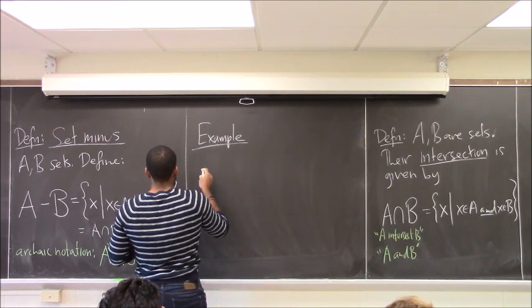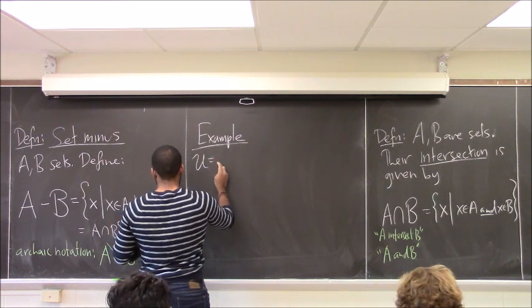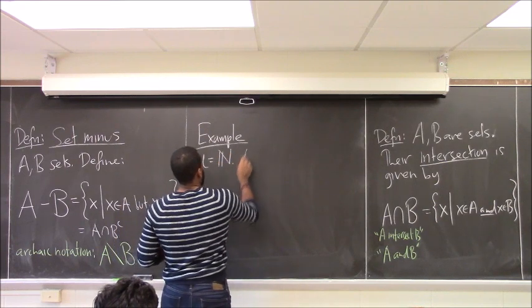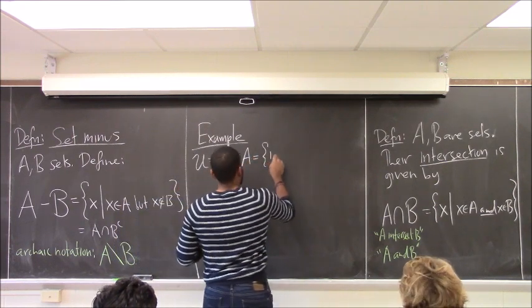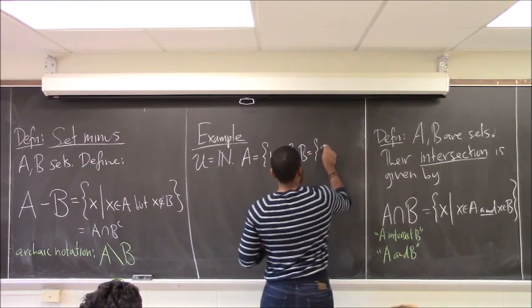So, suppose our universe is the set of all natural numbers. Suppose A is the set 1, 2, 3. Suppose B is the set 3, 4.